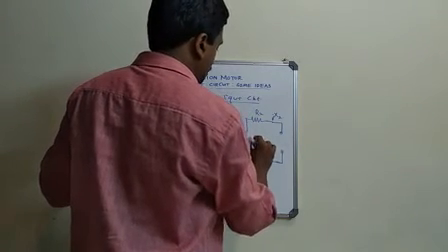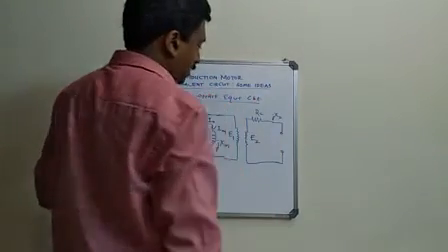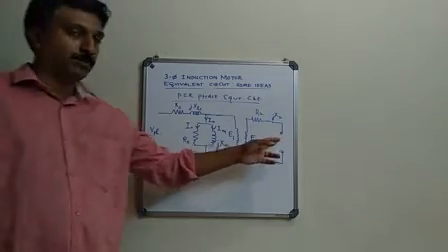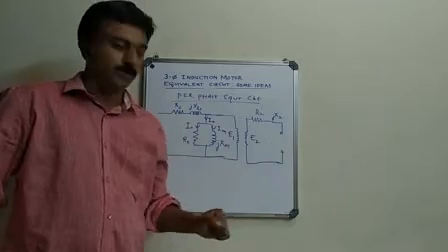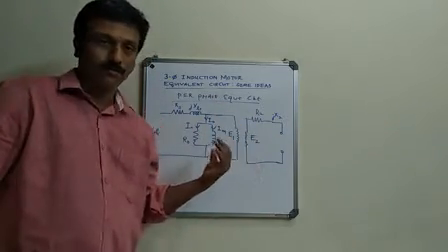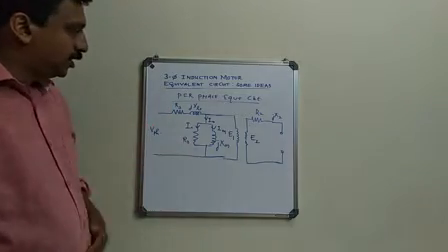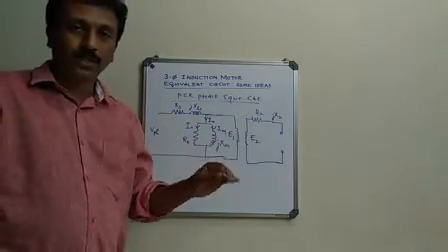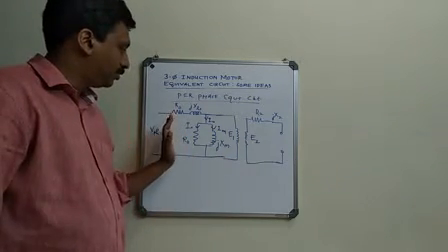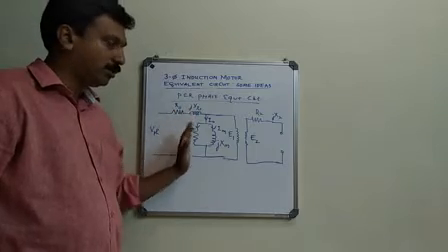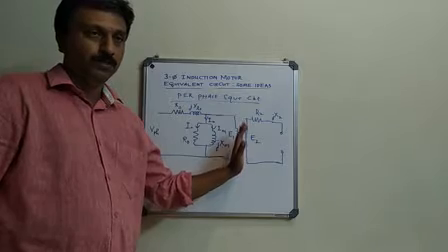Now this is, say, E1, and this is, say, E2 for the time being. Now it is open circuited. That means the motor is in the initial state, or even if you provide a supply, it won't rotate. That is the situation. Now in this case, if you compare it with the transformer, you can say that it is almost the same: the windings, resistance, leakage reactance, the induced EMFs, primary and secondary.